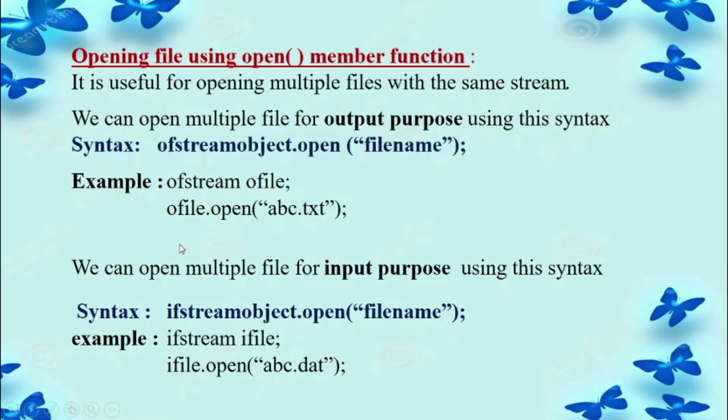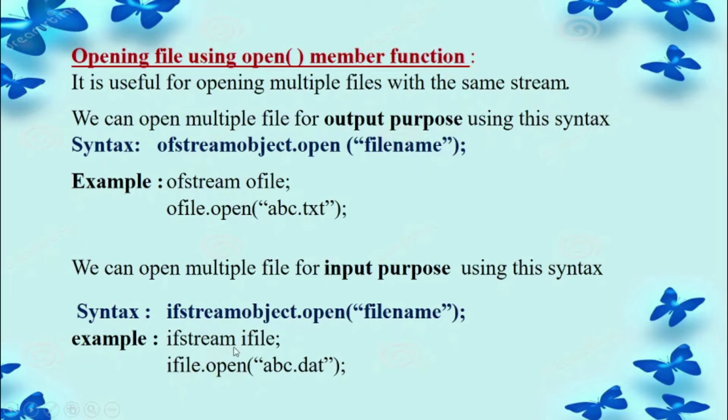So ofstream means we can write data on the files. Now, using the input stream, we open the file with the ifstream object dot open, and we specify the file name here. We have studied that there are three class names: the ofstream class supports the output member functions, the ifstream class supports the input member functions, and the fstream class supports both input and output member functions.